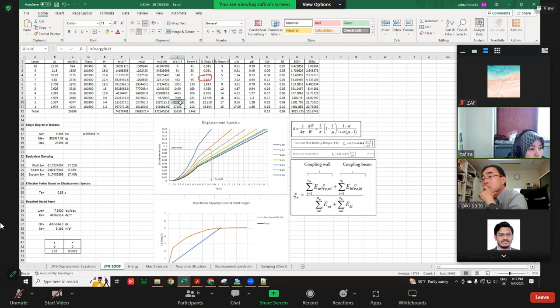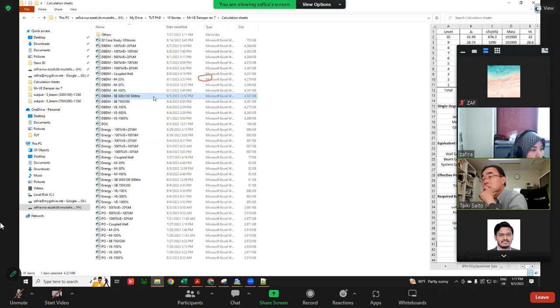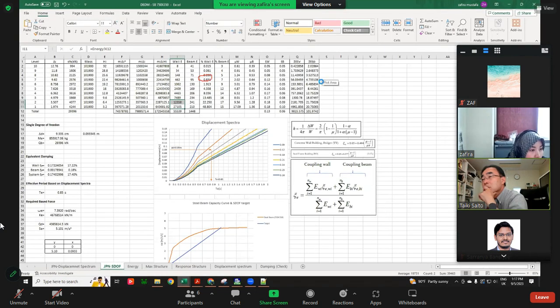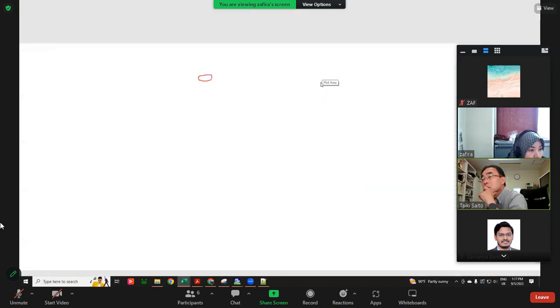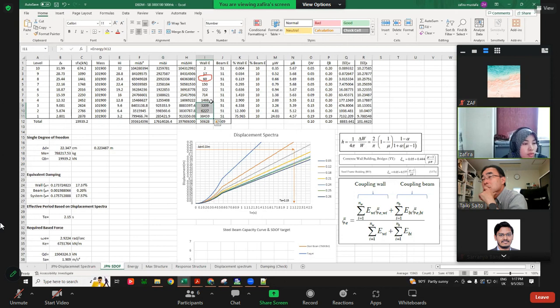At the bottom, the wall energy is very big and also similar to this one. The bottom wall energy is very big, and the ratio is small. And the ductility factor of the wall, this lower part is always yielding.